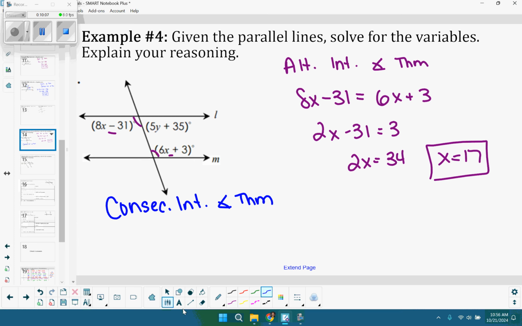So I'm going to use the consecutive interior angle theorem to say that these two angles, the 6x plus 3 and the 5y plus 35, are equal to 180. And since x is 17, I'm going to substitute that in.